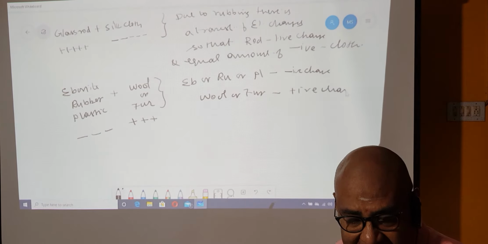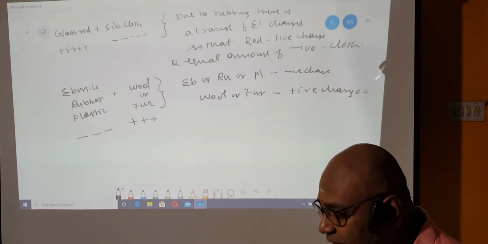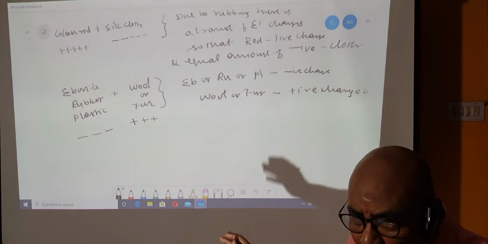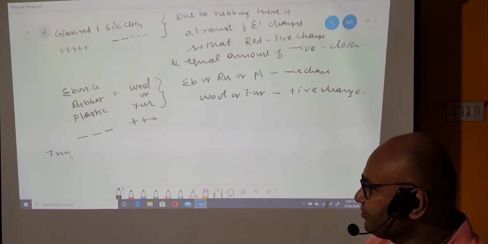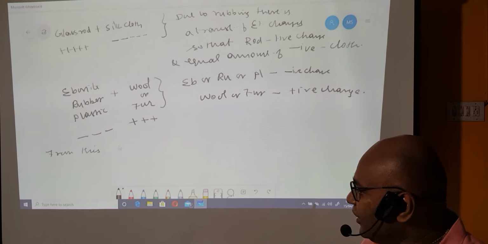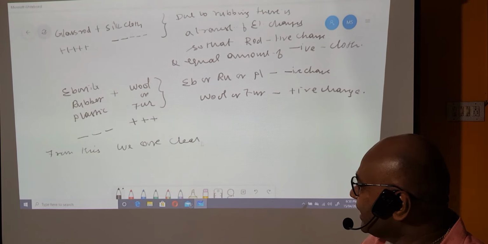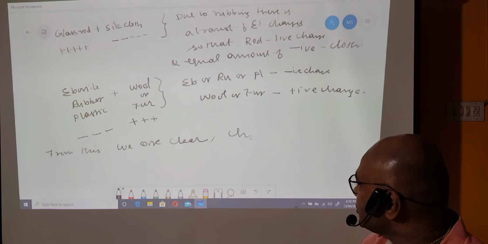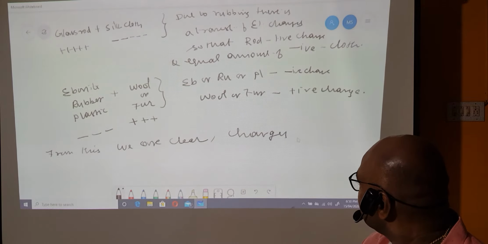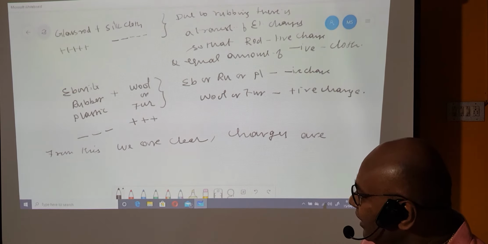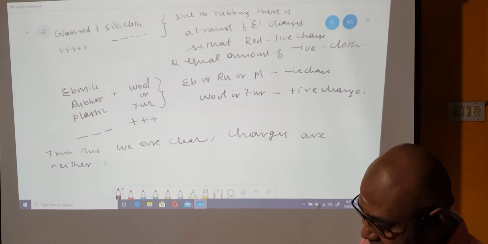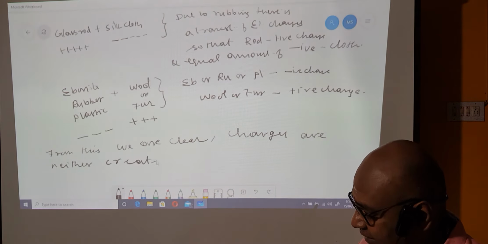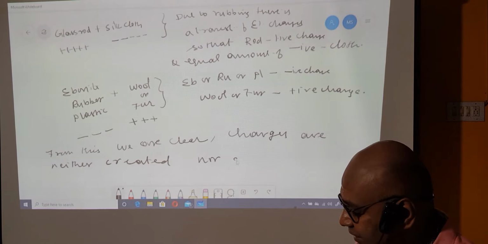So from these examples, we are able to say there is no creation of electrical charges. So from this we are clear. What is the clear idea? Charges are neither created nor destroyed.